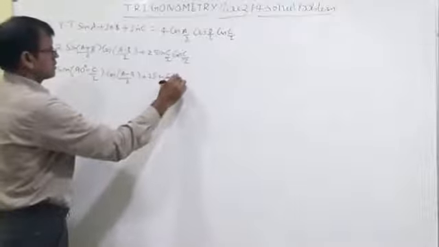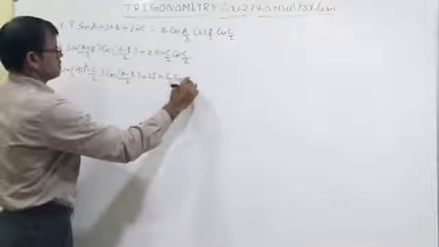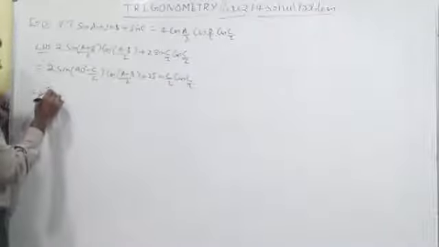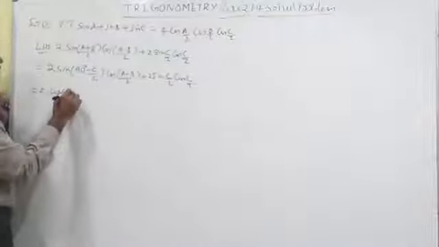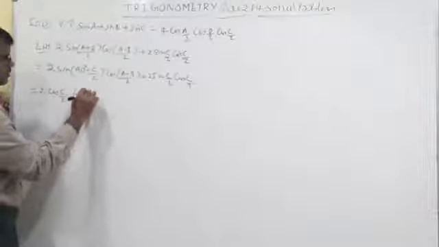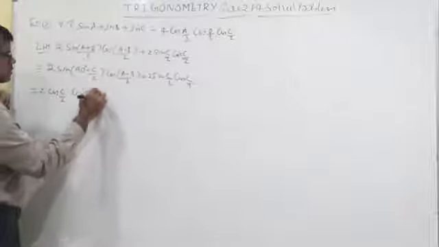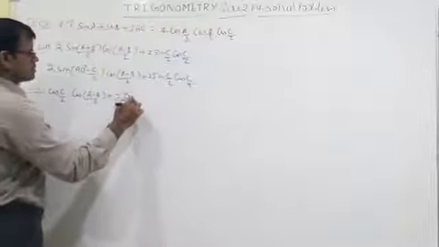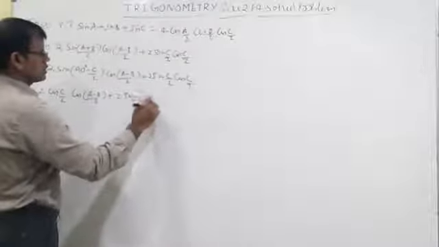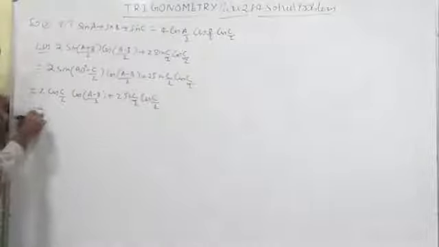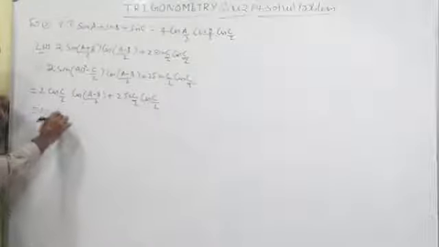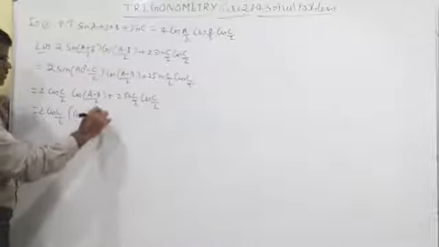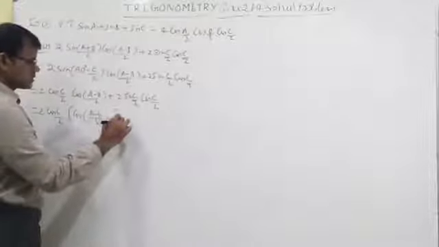Use the concept here. 2 sin C by 2 cos C by 2. Now that is equal to 2 cos C by 2 into cos of (A minus B) by 2, because sin of 90 minus theta becomes cos theta, plus 2 sin C by 2 into cos C by 2. Taking 2 cos C by 2 common, within brackets you write cos of (A minus B) by 2 plus cos C by 2.